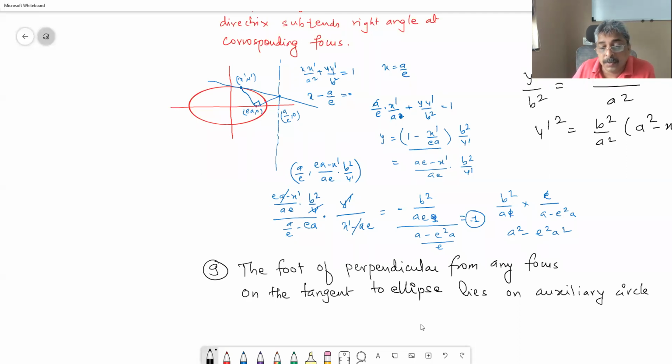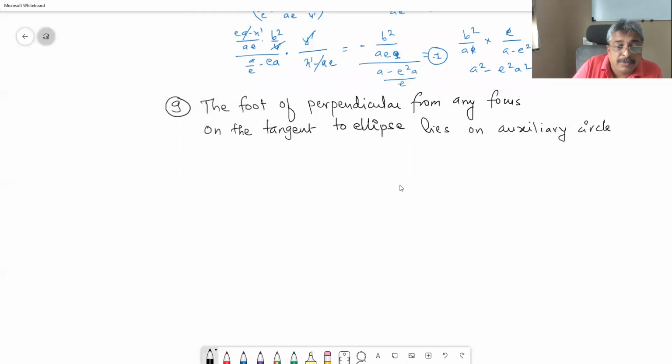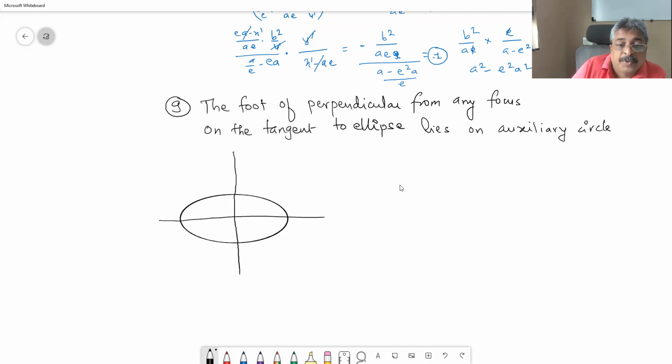Okay, so diagram. If we have ellipse, and if you draw perpendicular from tangent, so let me draw auxiliary circle first.